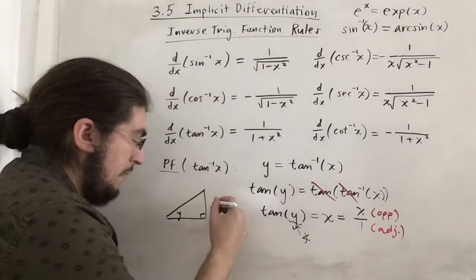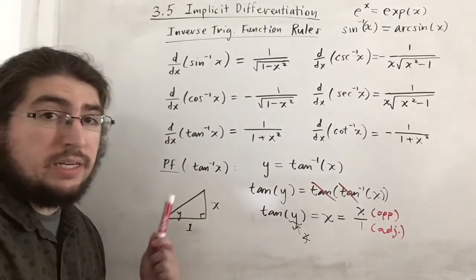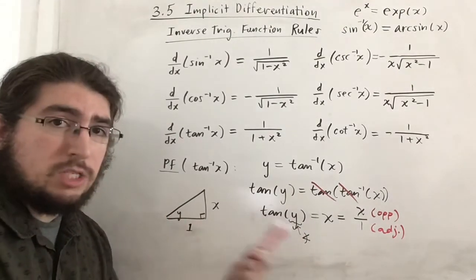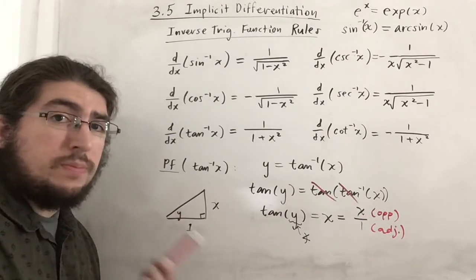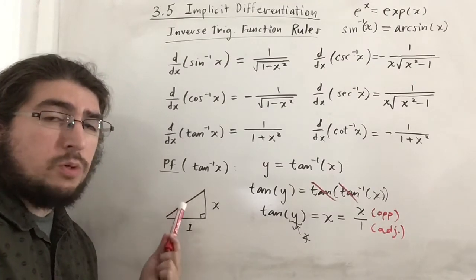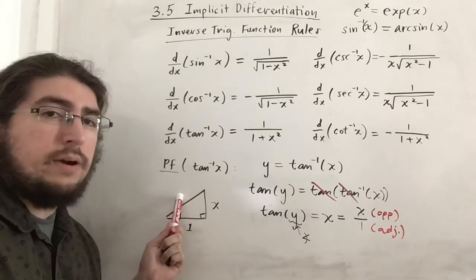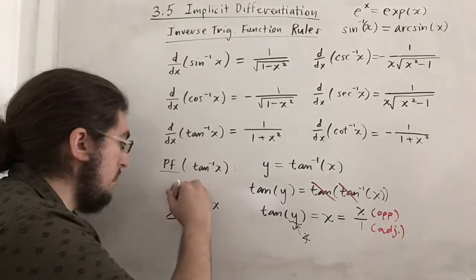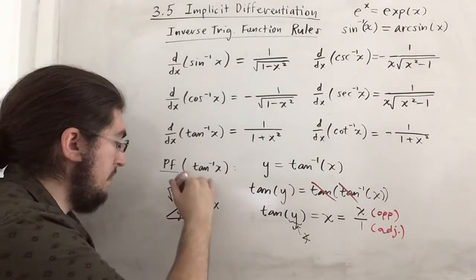So I'm going to label this as x, label this as 1. So tangent of y is indeed x over 1, which is x, so that's true from this equation here. And if we wanted to find the hypotenuse, we could, using the Pythagorean theorem. Recall that this squared plus that squared is the hypotenuse squared. So 1 squared, which is 1, plus x squared is equal to this squared. So this would have to be the square root of 1 plus x squared.